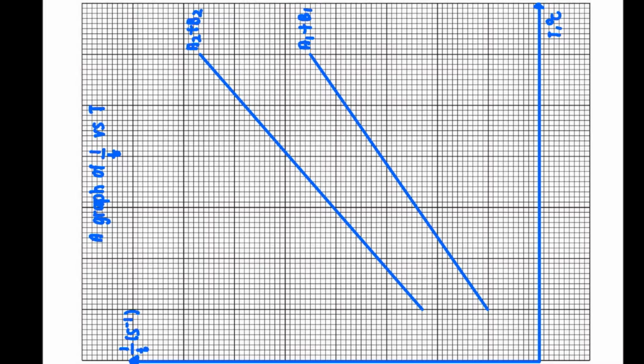Since this is the general one, I don't have any values here, but you should write down the values. Since the procedure asks us to plot a graph for A1 plus B1 and A2 plus B2 on the same graph, when you plot the graph, you have to label which one is A1 plus B1 and which one is A2 plus B2.